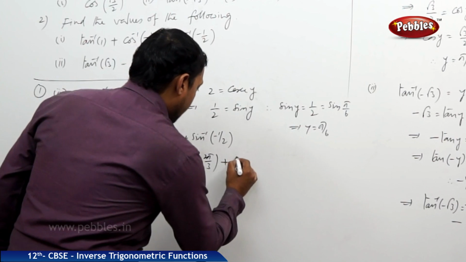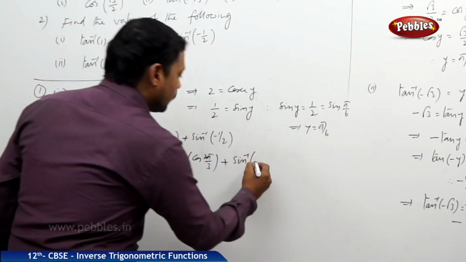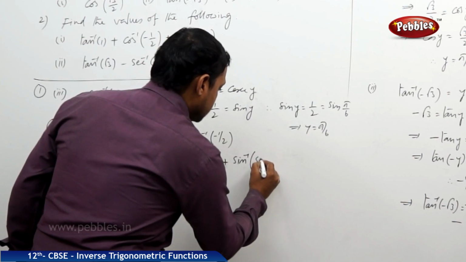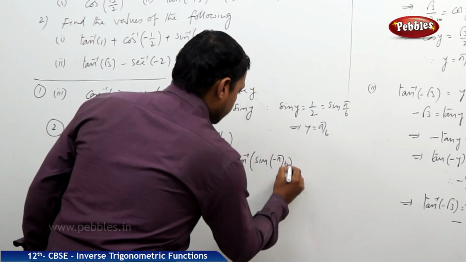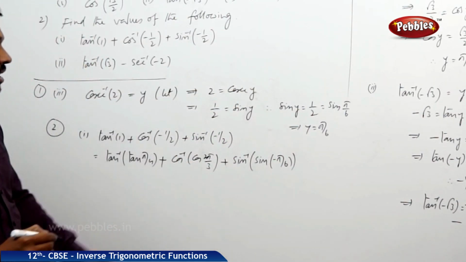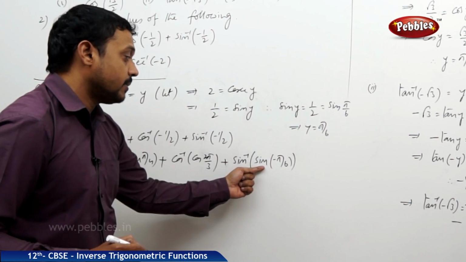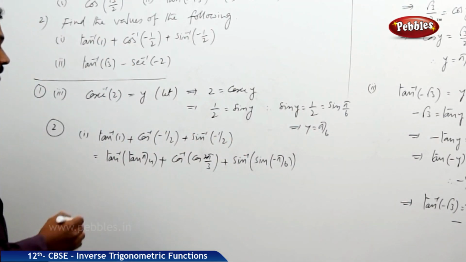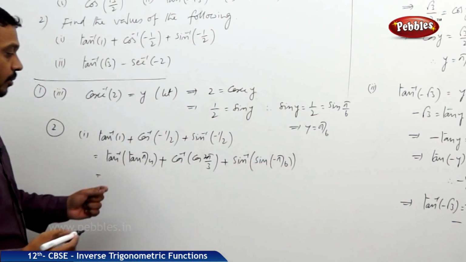Plus sin inverse of minus 1 by 2 can be taken as sin of minus pi by 6. Sin of minus pi by 6 is equal to minus sin pi by 6, which is equal to minus 1 by 2. Now see, all are in their principal domains.